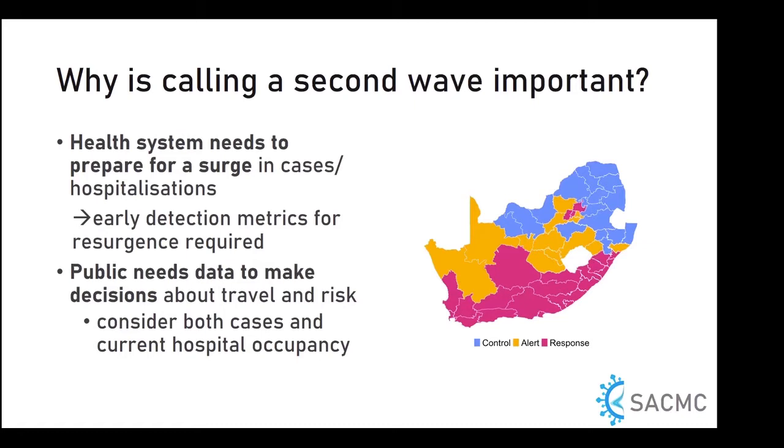But what is really important is that as people travel, they are aware of the risk level that exists at the point that they are going to. And for this, we believe people need to consider both the cases and the development in cases at their destination, but also the current hospital occupancy at their destination. And where possible, make decisions and perhaps change decisions and change routes based on that.